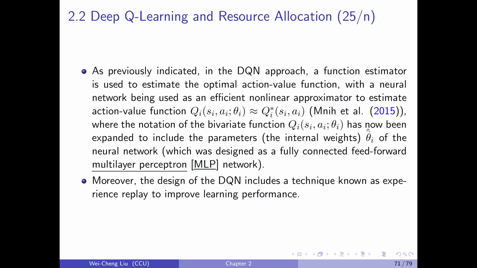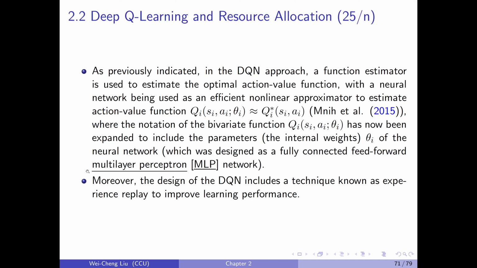It has now been expanded to include the parameters, that is the internal weights theta I of the neural network, which was designed as a fully connected feed-forward multi-layer perceptron MLP network. What is a multi-layer perceptron?